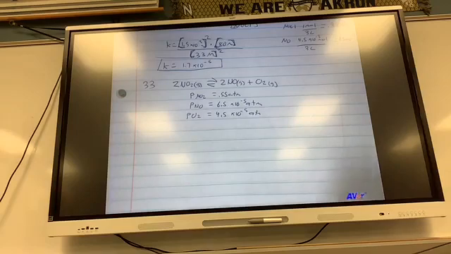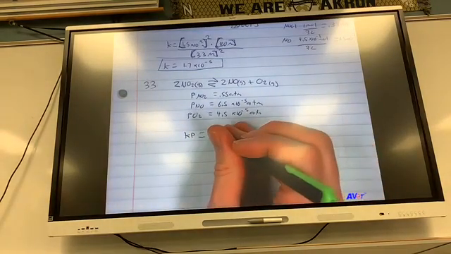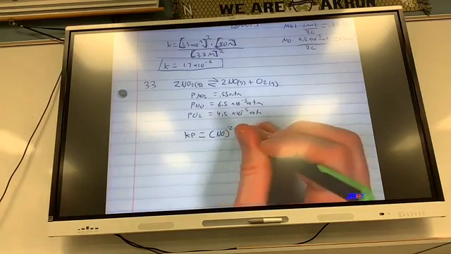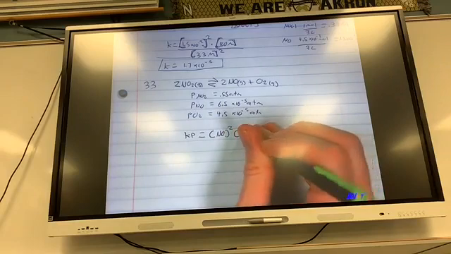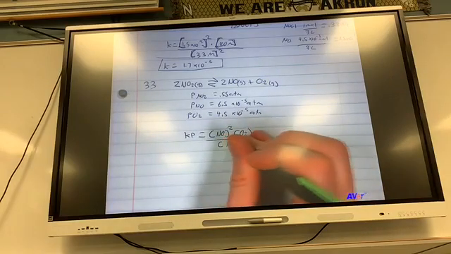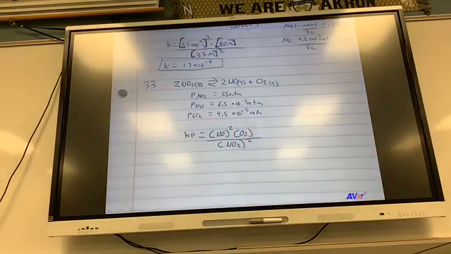33 says calculate Kp. So Kp is going to equal parentheses the pressure of NO squared, parentheses pressure of O2 over parentheses NO2 squared. If you don't write parentheses, you literally will not get the points, which is stupid, but that's what you got to do.